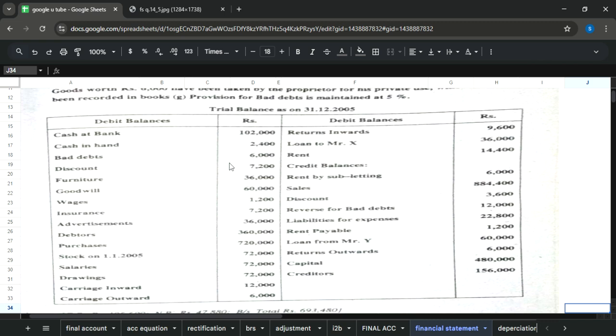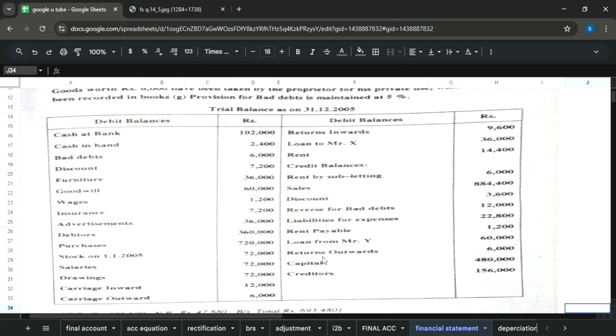visually are different, because here look at this heading, credit balance. All above and on the left side, these are debit balances, and credit balances are starting from here. So we can still consider it as our trial balance because the debit and credit sides are written separately.